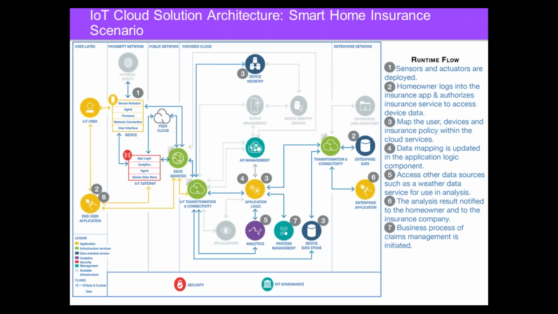So that's number 2, and then 3 is how you do that. Basically, you have to map the user with the devices and insurance policy. So number 3 is providing the linkage. Number 4 is once you have this linkage available, then application logic will do the data mapping. You will have the device registry, the details of the devices, and the device data store with the policy detail.